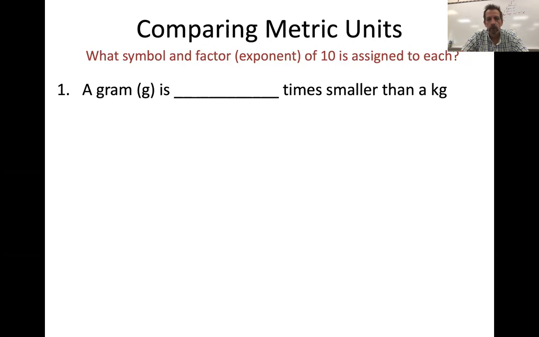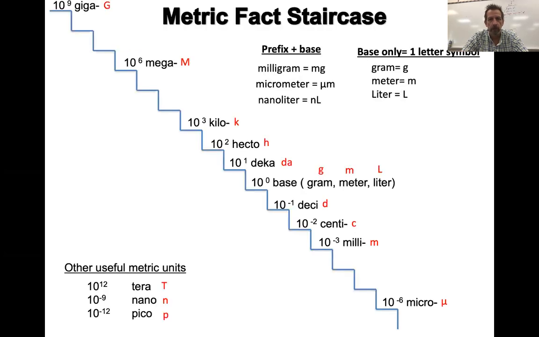If we go back and look at the metric staircase, gram's right here. Kilo is climbing upward. So hop, hop, hop, kind of like the sound a frog makes when it hops. There are 3 factors of 10 apart.